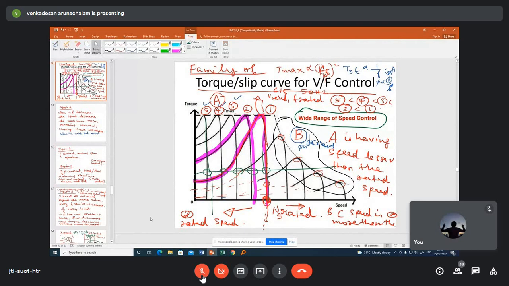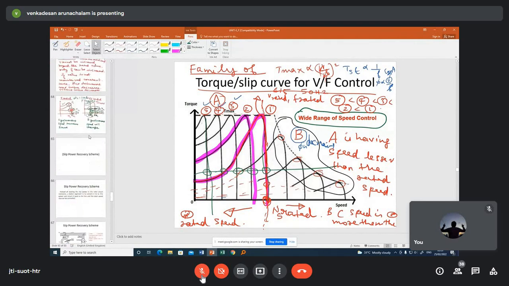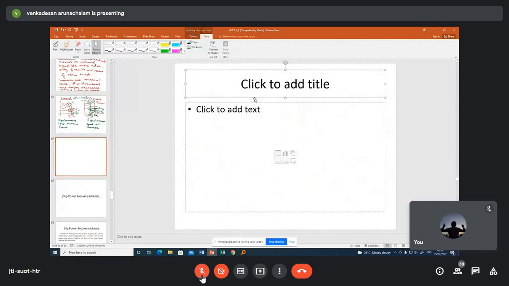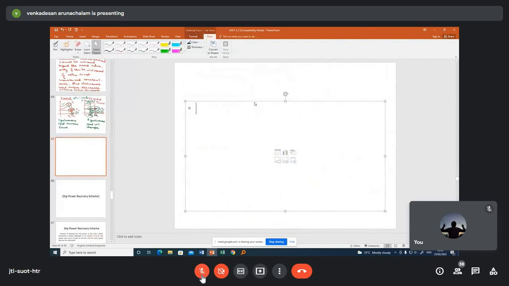Now let us compare all the three control methods with the significant points. This is voltage control, this is frequency control, this is V by F control.